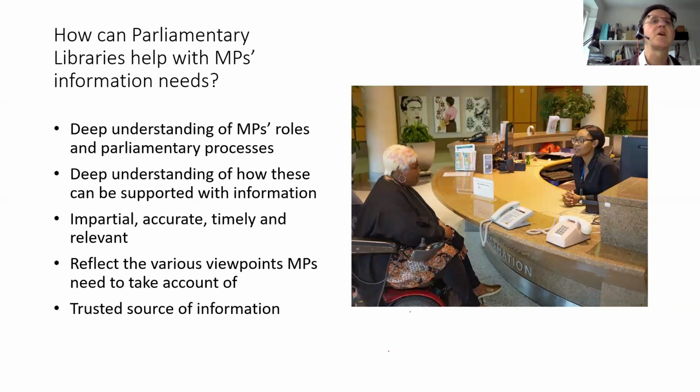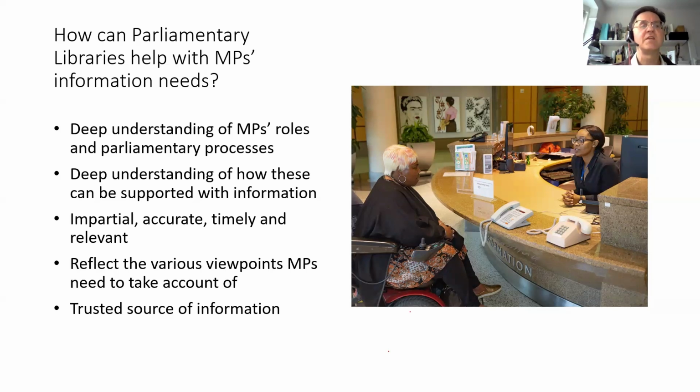How can parliamentary libraries help with MPs' information needs? Well, over the years, we've built up a deep understanding of MPs' roles and of parliamentary processes. We have a deep understanding of how these can be supported with information, thanks to our professional knowledge as well as our experience. We make a point of providing impartial, accurate, timely and relevant information.